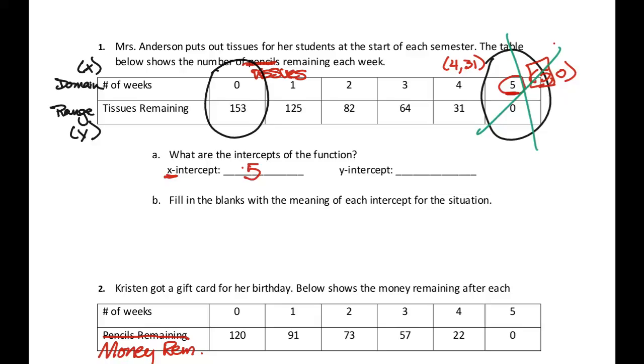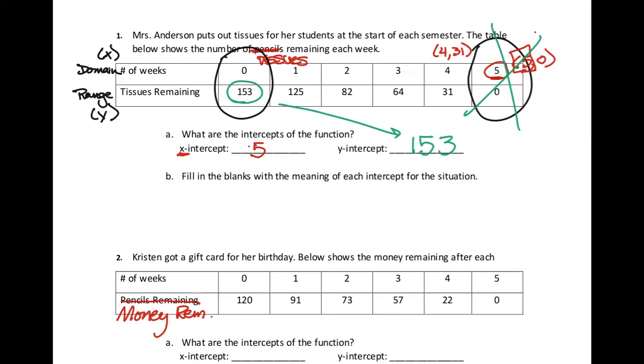And what's the y-coordinate of that point? That is correct. So this is the y-intercept right here. Questions on that? How you can at least find the intercepts. You've got to look where the zeros are.